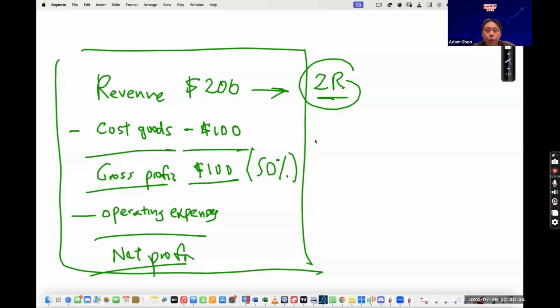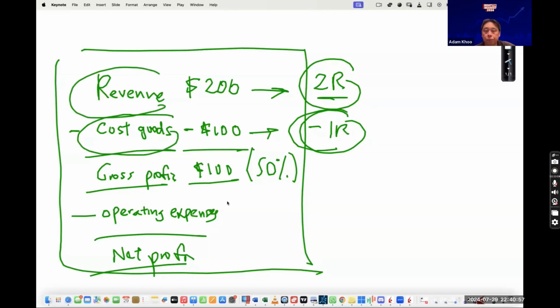No, you can follow all the rules and still have a losing trade. It's the nature of the game, right? But when you have a losing trade, don't feel bad about it because it is part of the game. And when I lose 1R, I treat it as the cost of my revenue.